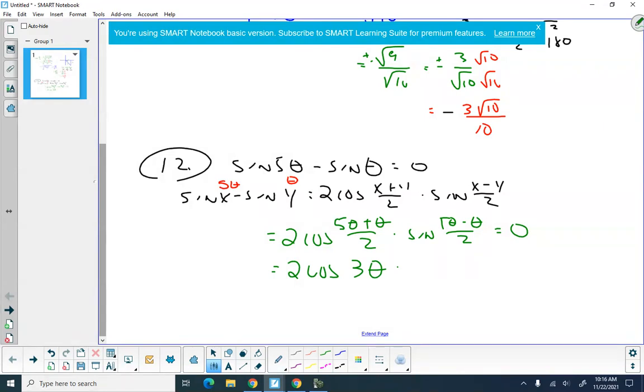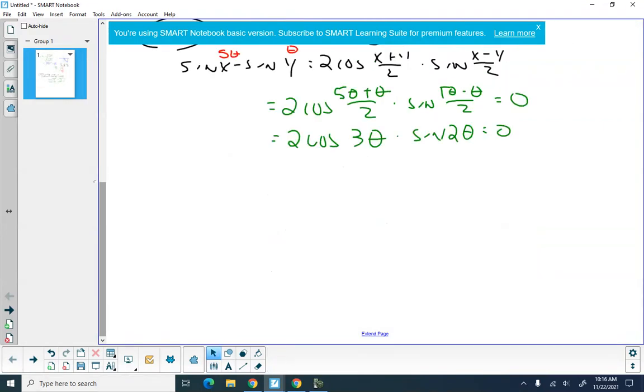You divide that by 2, that gives us 2 theta. We use our multiplication property of 0. It sets each of our factors equal to 0. Well, 2 is equal to 0. That does not make any sense.